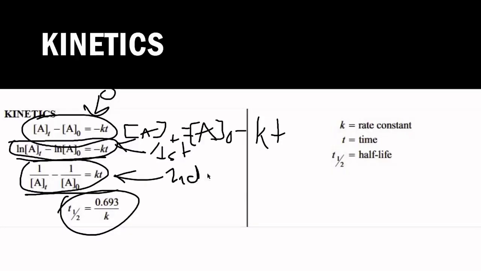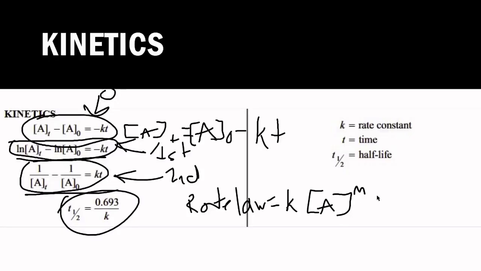That is the power at which your concentrations are at overall. So it's like the rate law is equal to k times A to the power of m times B to the power of n, and you find these.